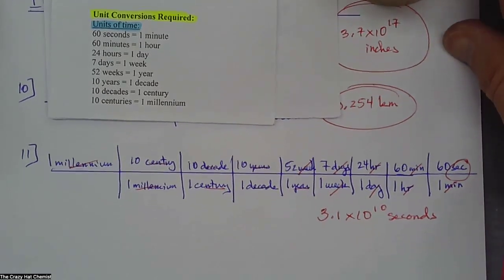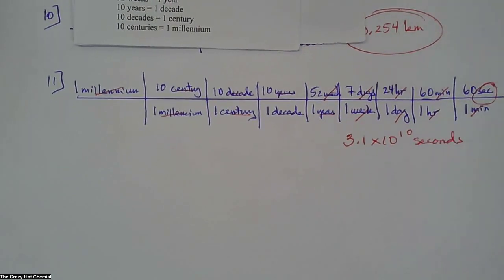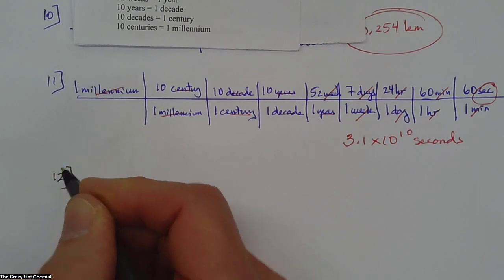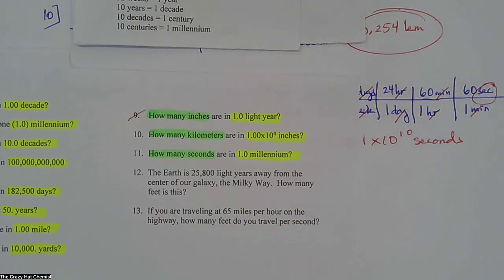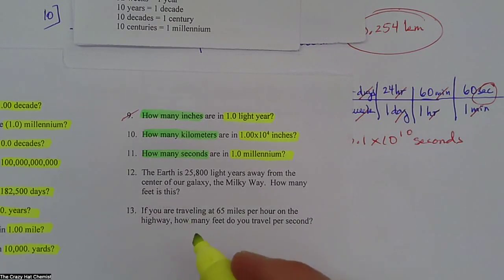All right, let's do 2 more problems here. And you are waiting for the very last problem, because the very last problem is actually the best and the most important. Number 12. It says the Earth is 25,800 light years away from the center of our galaxy, the Milky Way. How many feet is this?